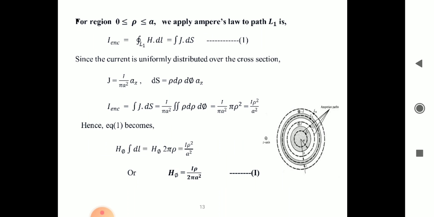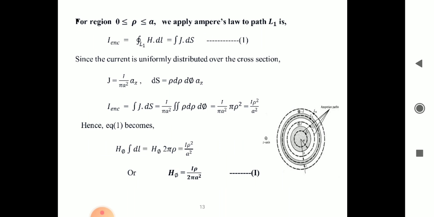For the region where rho is from 0 to a, we apply Ampere's law to path L1. I enclosed is equal to the closed integral over L1 of H dot dl, which is equal to the integral of J dot dS. Since the current is uniformly distributed over the cross section, J is equal to I by pi a square, in the a_z direction. Moreover, in cylindrical coordinates, dS is equal to rho d rho d phi a_z.